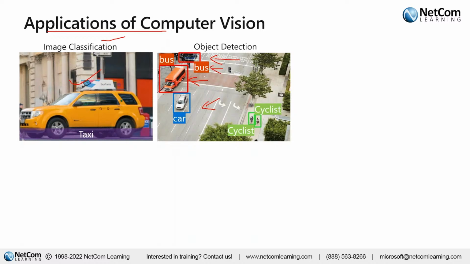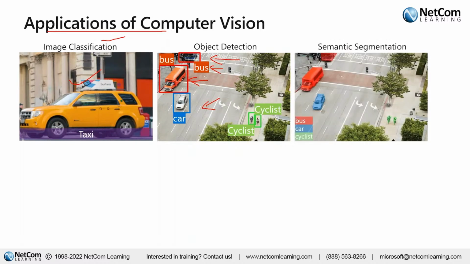Again, in a traffic monitoring solution, you might use object detection to identify the location of different classes of vehicles. Now next is semantic segmentation. What is semantic segmentation? This is an advanced machine learning technique in which individual pixels in the image are classified according to the object to which they belong, and then it is masked with some colors.